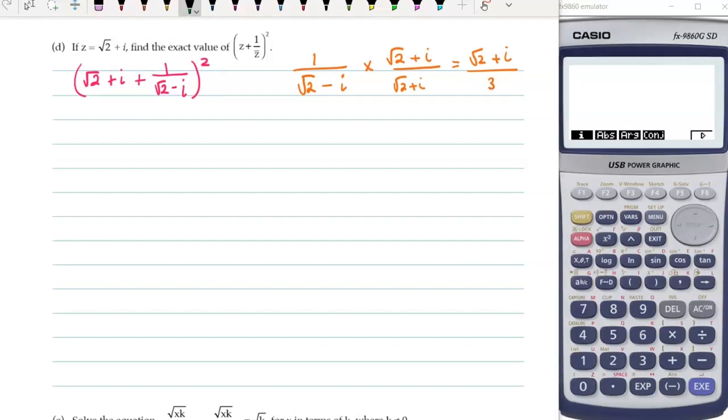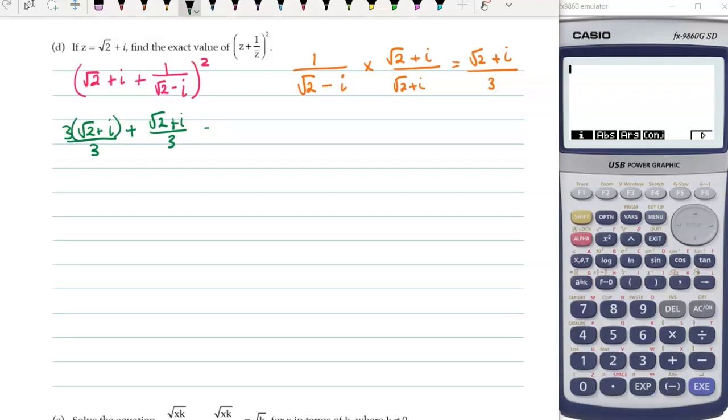Okay, next let's add on root 2 plus i to what we just worked out was this piece here. So from over here, I'm going to add that on. Root 2 plus i over 3. So I want to put this over a denominator of 3 so that I can add those two things up.